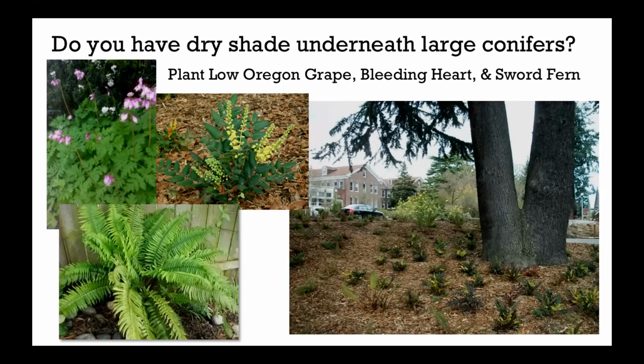And so these are three plants that I've found that do very well in that dry shade condition, and that if you go in the forest, sometimes you will find these very plants in the shadiest and driest areas. And that is bleeding heart, low Oregon grape, and sword fern.